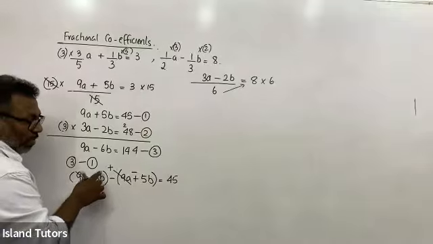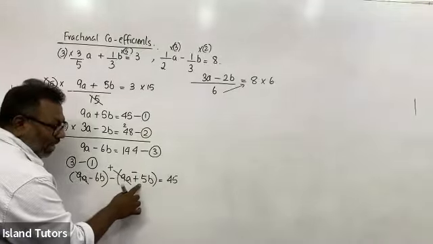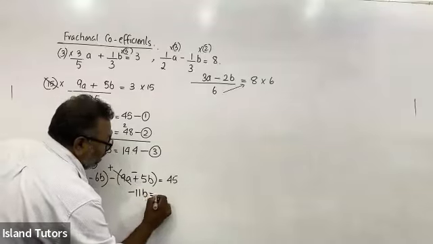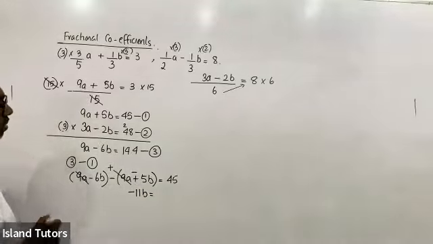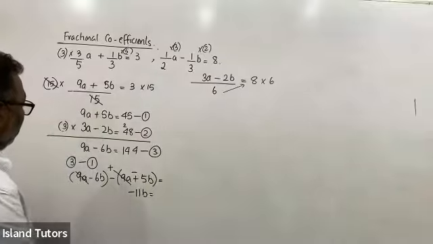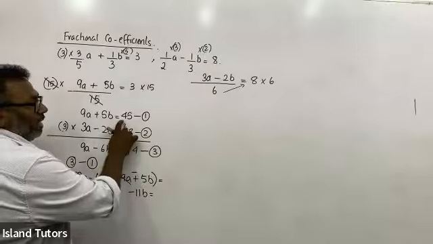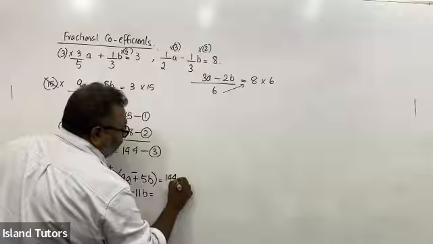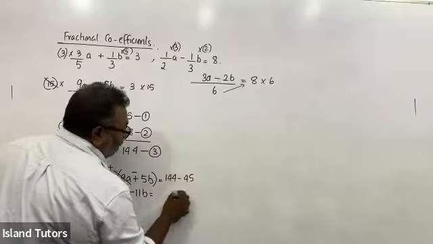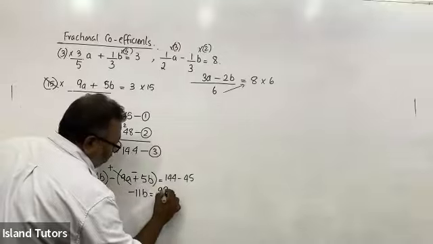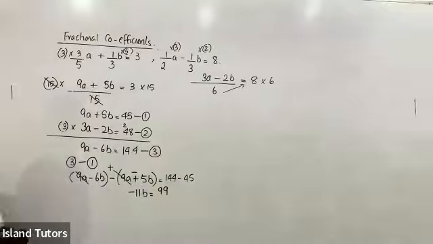So, minus 6b plus minus 5b, you have minus 11b is equal to how much? 144 minus 45, 99.